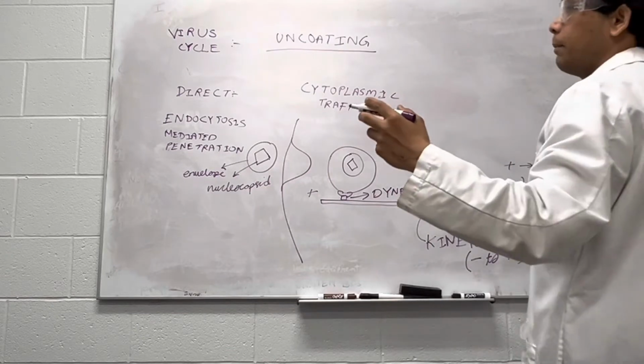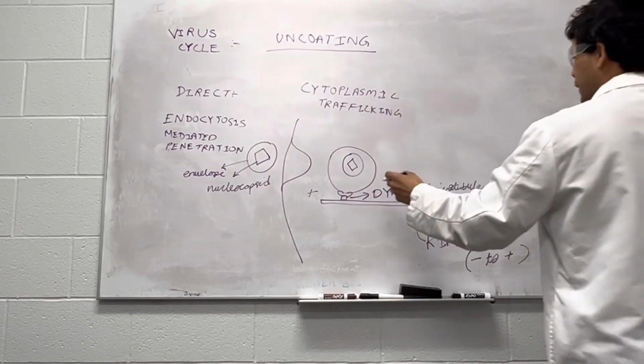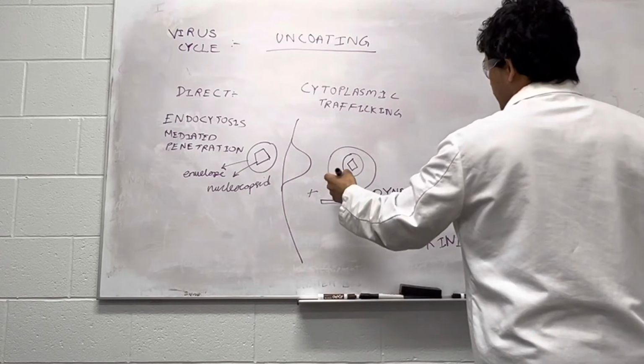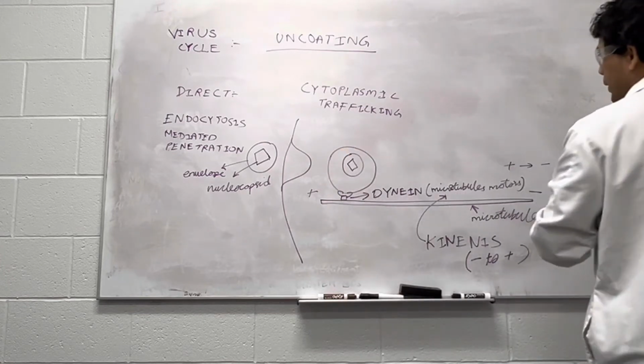These are usually present near the nucleus, so the microtubule helps transfer the vesicles near the nucleus.